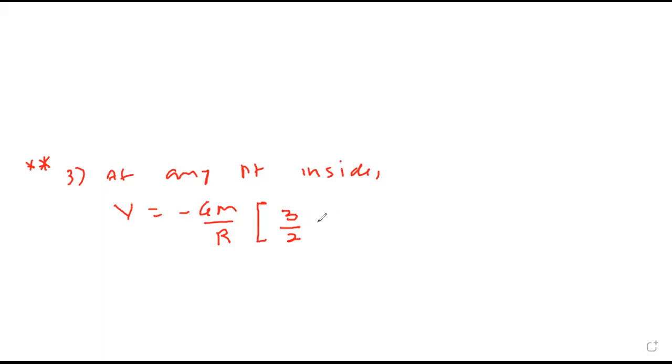Then inside 3 by 2 minus small r square upon 2 times R square.